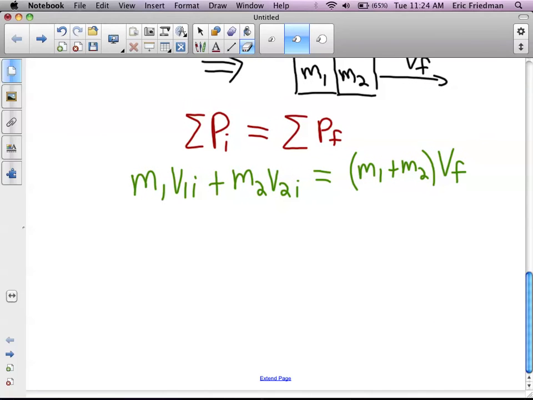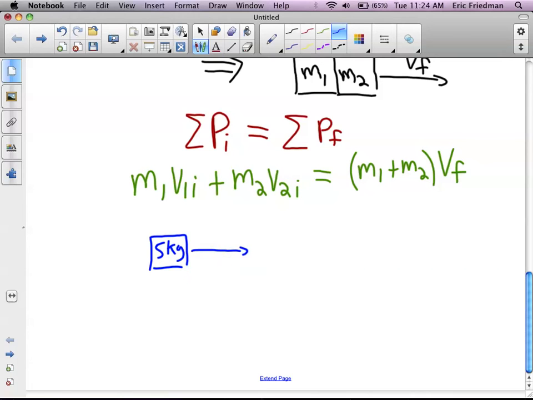This is the general formula for it. So let's try it out. Let's just do one other example. Let's say I've got a box right here, and I'll say its mass is 5 kilograms. I'm going to make this guy going at 4 meters per second, and it's going to collide and stick to another box.